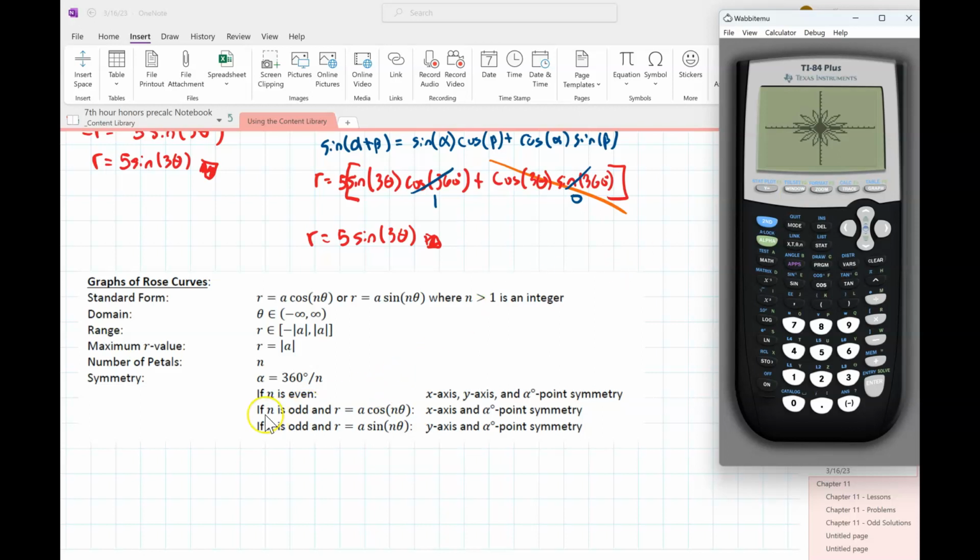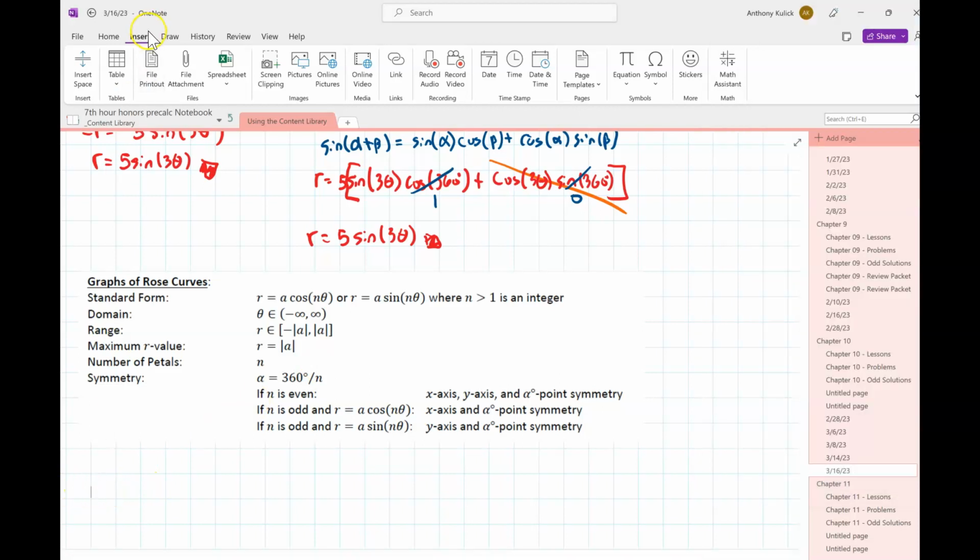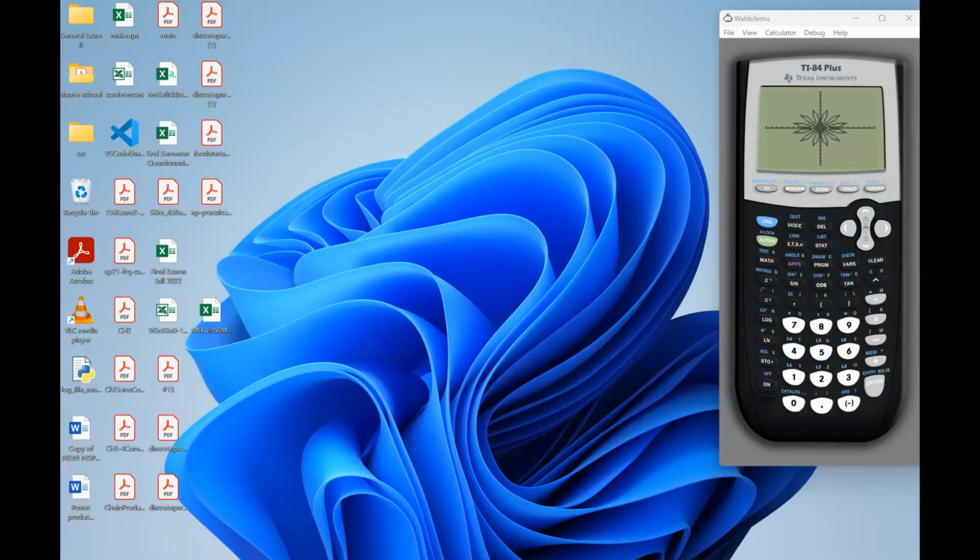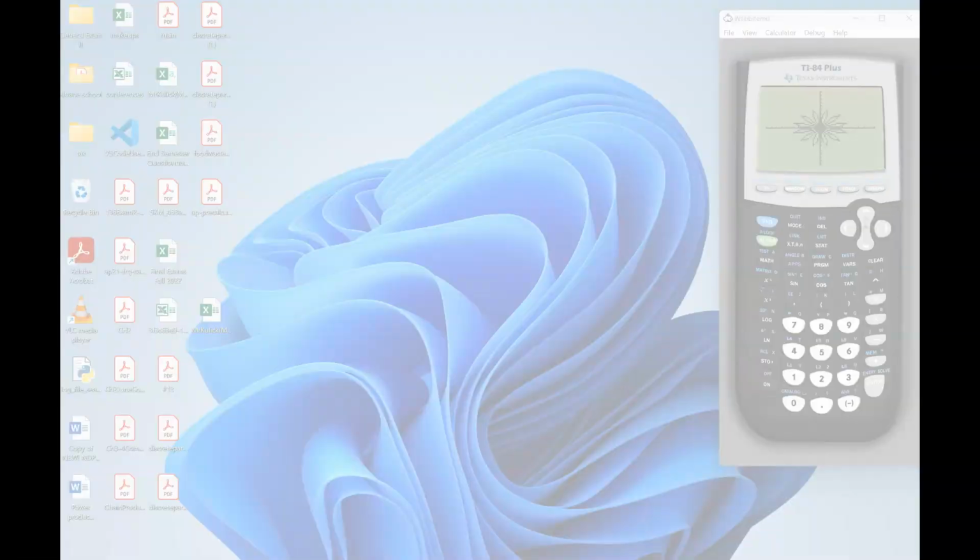If n is odd and we have the cosine, we have x-axis symmetry and alpha point symmetry. If n is odd and we have the sine, then we have y-axis symmetry and alpha point symmetry. Notice that we have alpha point symmetry for everything, which hopefully makes sense because we can just rotate a petal and we end up with the same picture.